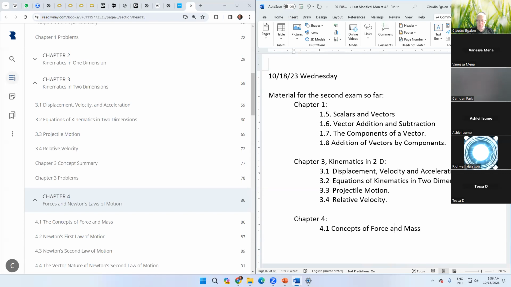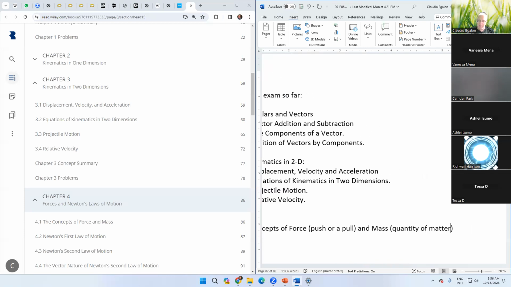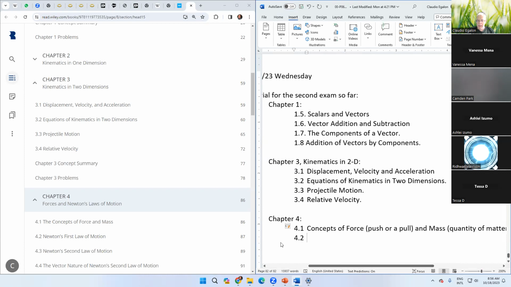Force, I'm going to put it between parentheses, is a push or a pull. Mass is the quantity of matter. That's a good way of defining mass.